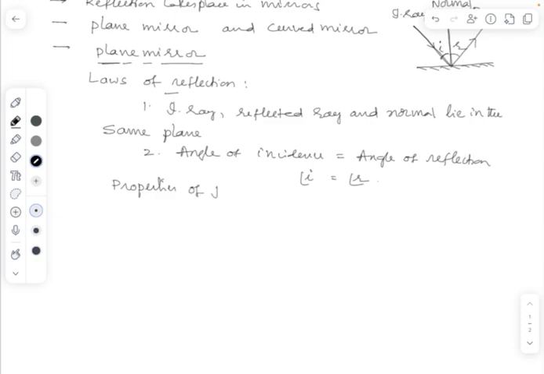Properties of image formed by a plane mirror.